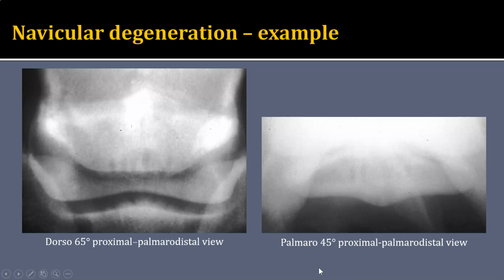So I just have some examples following for us to look at, and most of the time I have collimated pretty closely to the navicular bone to try to show the findings a little bit better on the slides. In this first example, this is a very collimated DPO view and then a collimated flexor tangential view.